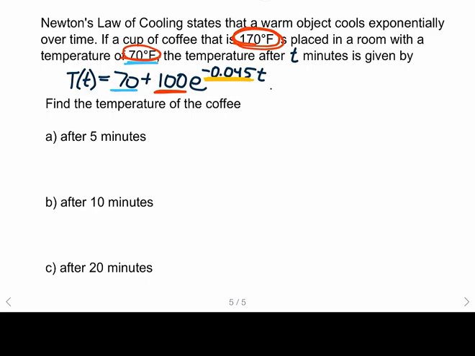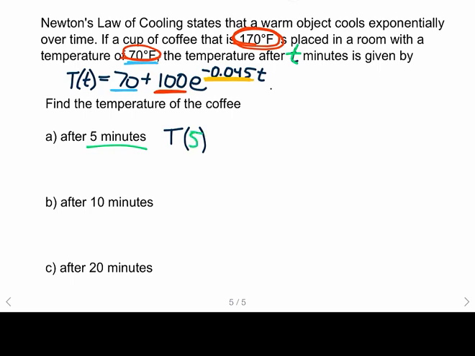Here, all we're asked to do is find the temperature of the coffee after 5 minutes, 10 minutes, and 20 minutes. Well, the time is t in minutes, and so for part A, we're going to let t be 5. Notice there's an uppercase T, and that's for temperature. And then there's a lowercase t, and that's for time.